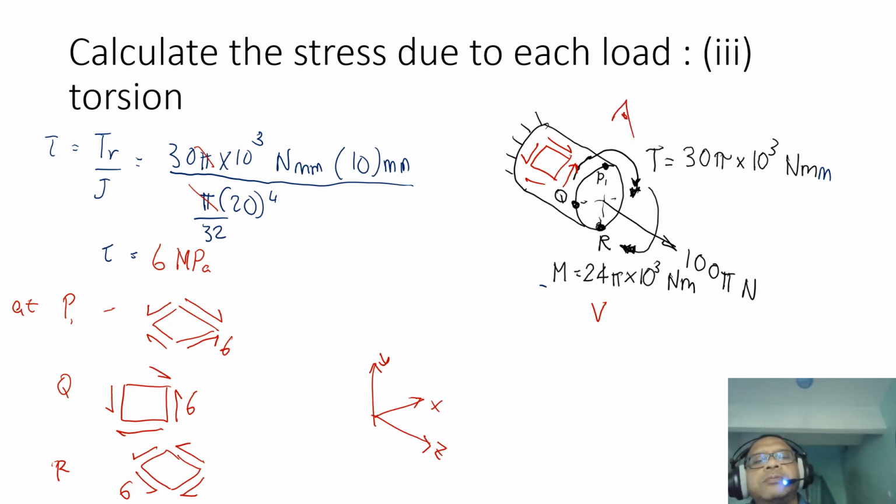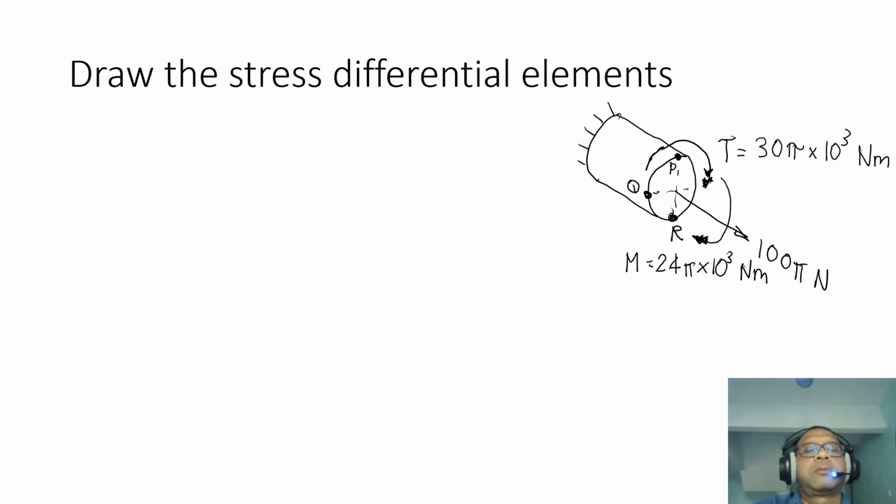So this would be my Z, and that will be my X, if you want to see where it goes at R. So this is the stress due to torsion.